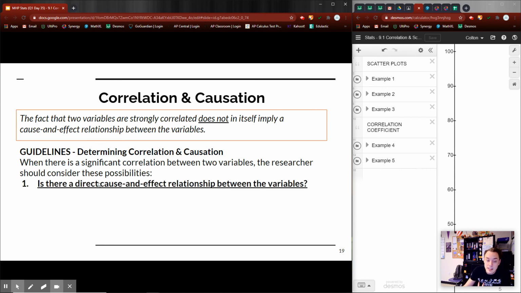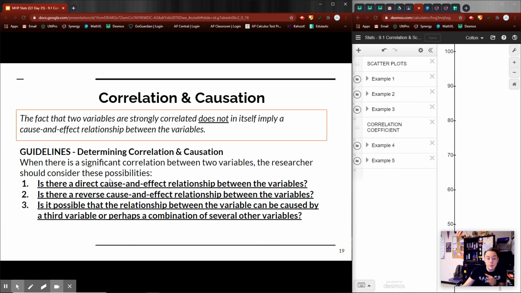So here are some conditions that you should consider. Is there a direct cause and effect relationship between the variables? You should consider this before insinuating whether the correlated variable does indeed provide a good causation for the other response variable. Is there a reverse cause and effect relationship between the explanatory and the response variable?